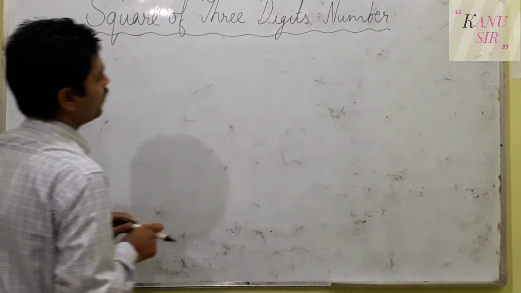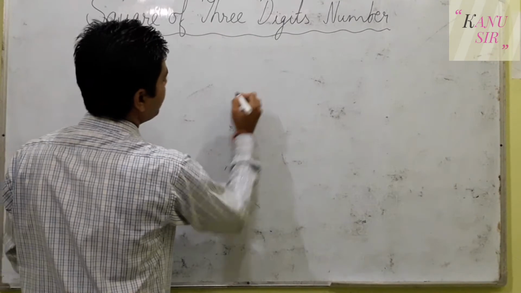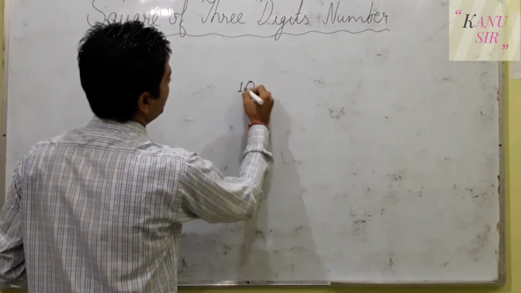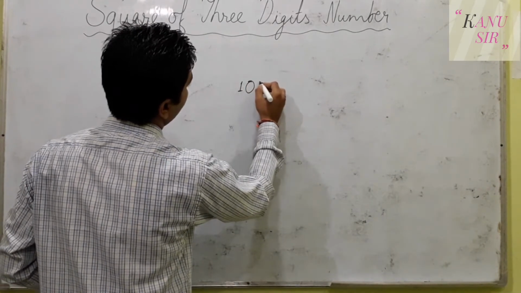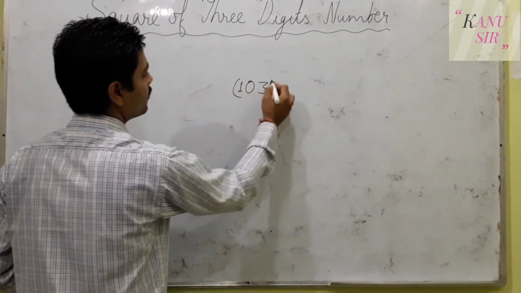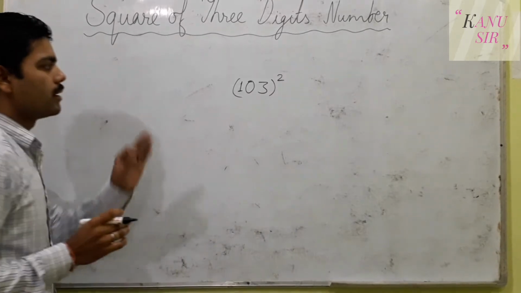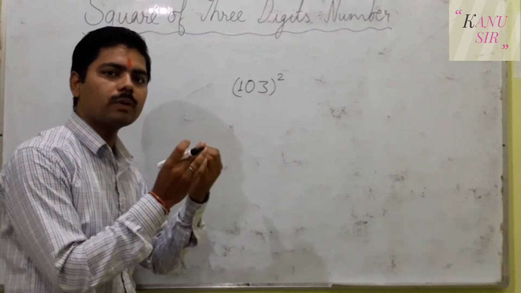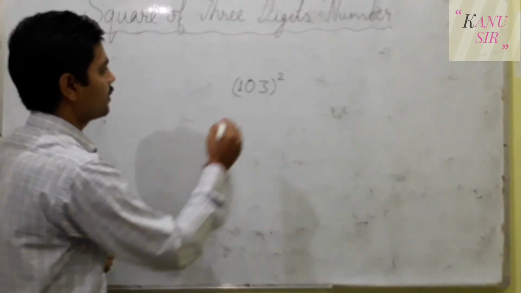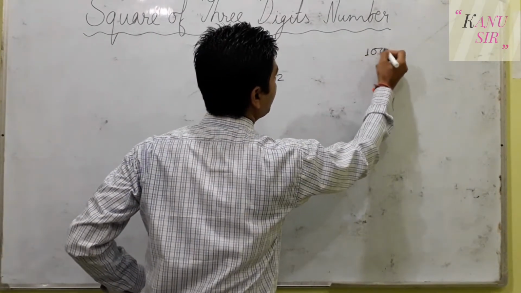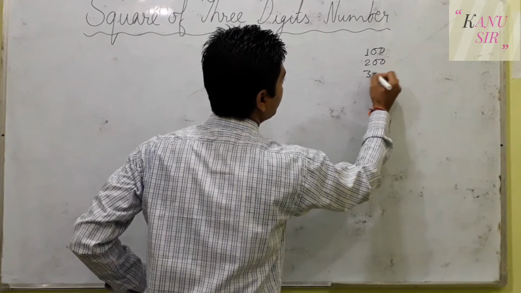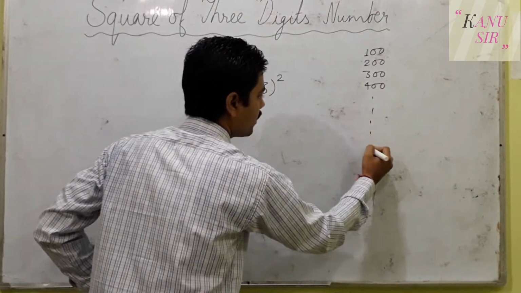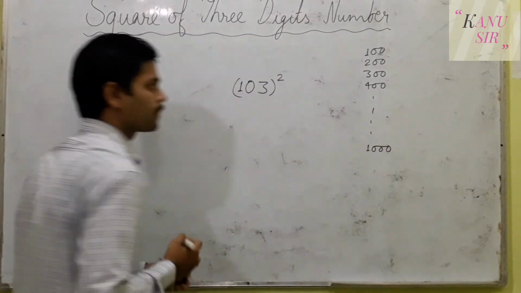Square of a 3-digit number in a different process. For that, we have to assume a simple number so that we can understand it. And that simple number, let us take 103, and the square of 103. Now you have to try to get closer to the hundreds, like 100, 200, 300, 400, 500 up to 1000.